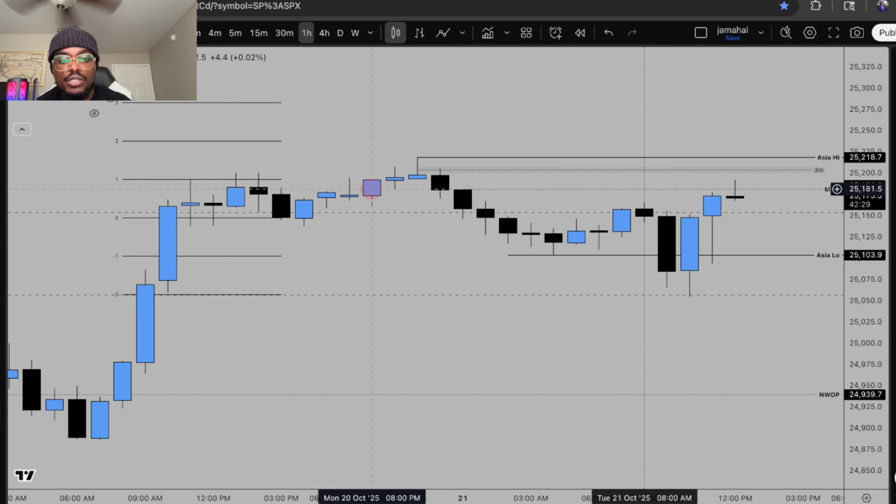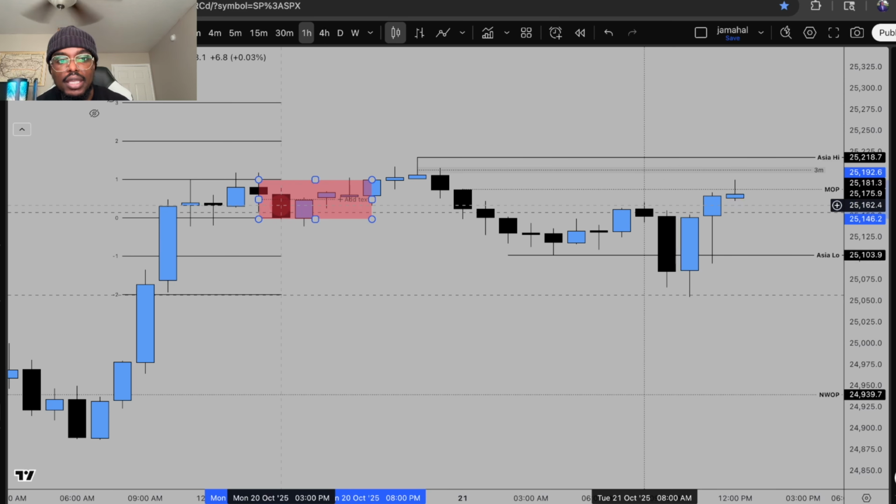Me personally, my preference, I use the bodies. So the highest body, which is this 8 o'clock candle, to the lowest body between that range is here. The lowest body here and the highest body here. So this right here is the central bank dealers range.